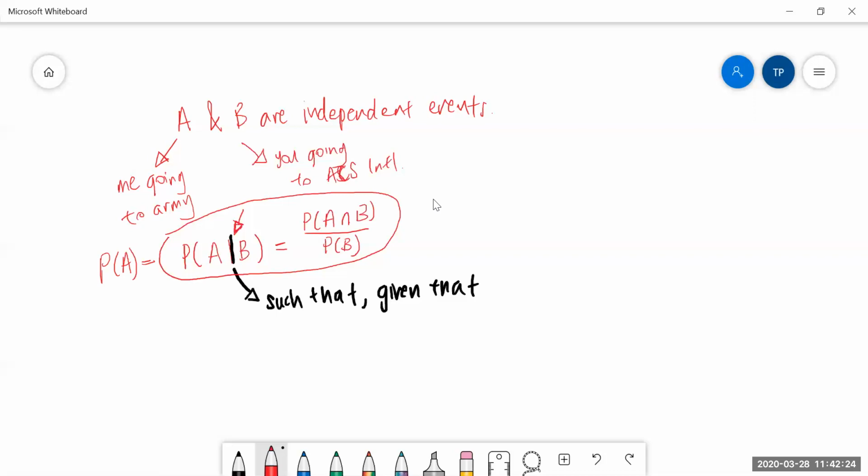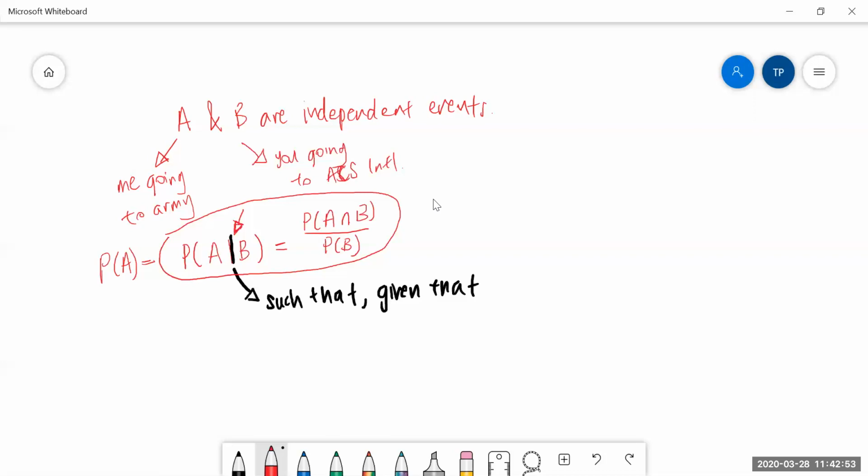Is it because they're independent events? Correct. My probability of going to army does not affect your probability of going to school, and your probability of going to school does not affect mine. When it's phrased this way, what they want to find out is the probability of me going to army.